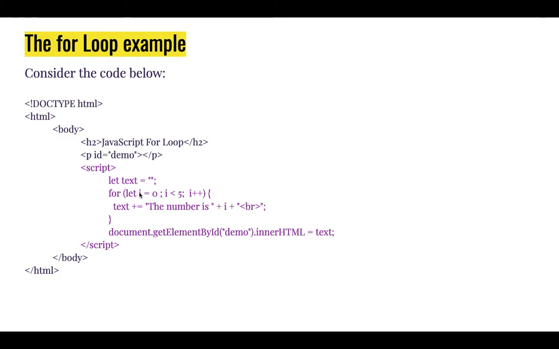Obviously our i is 0 the first time this loop runs. The text is currently an empty string, and we've already covered what strings are. This one is now going to add the number, whatever i is.